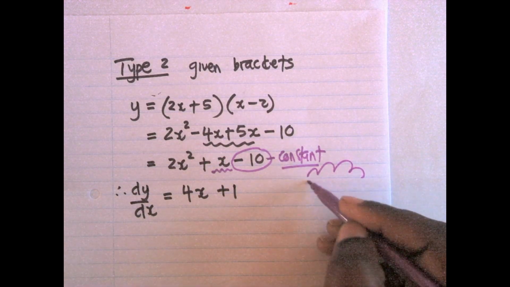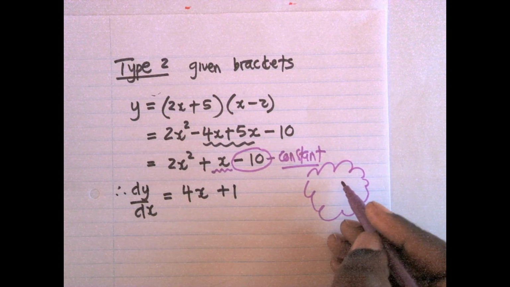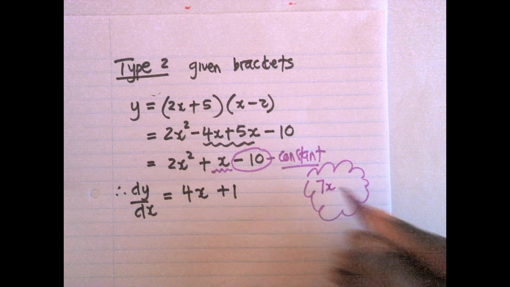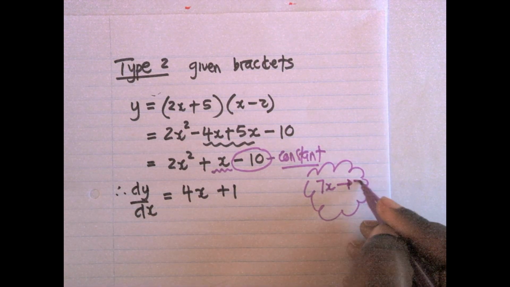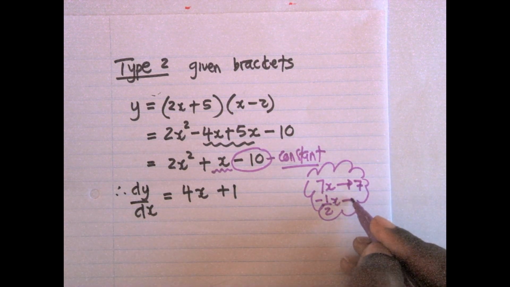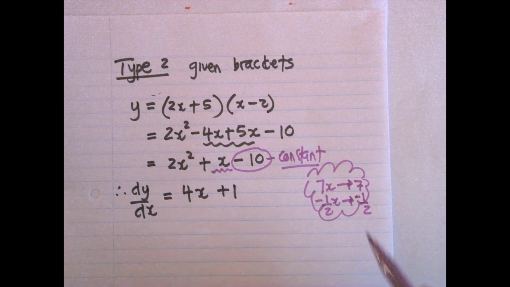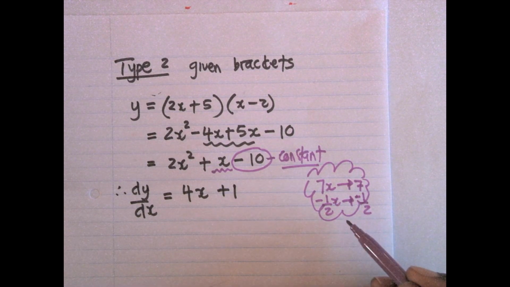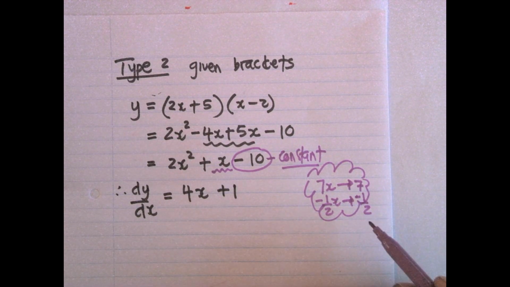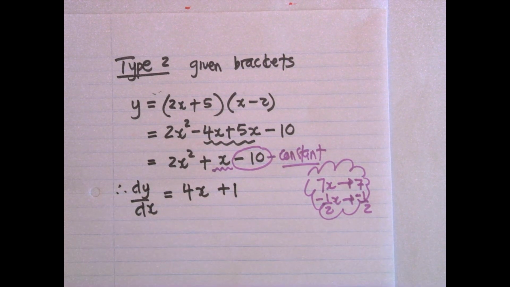Let's say I'm being asked to differentiate 7x. If I differentiate 7x, my answer is going to be 7. If I differentiate minus half x, the answer is going to be negative 1 over 2. We need to learn some of these rules so that we can be faster in examinations. Remember, our examinations are timed.